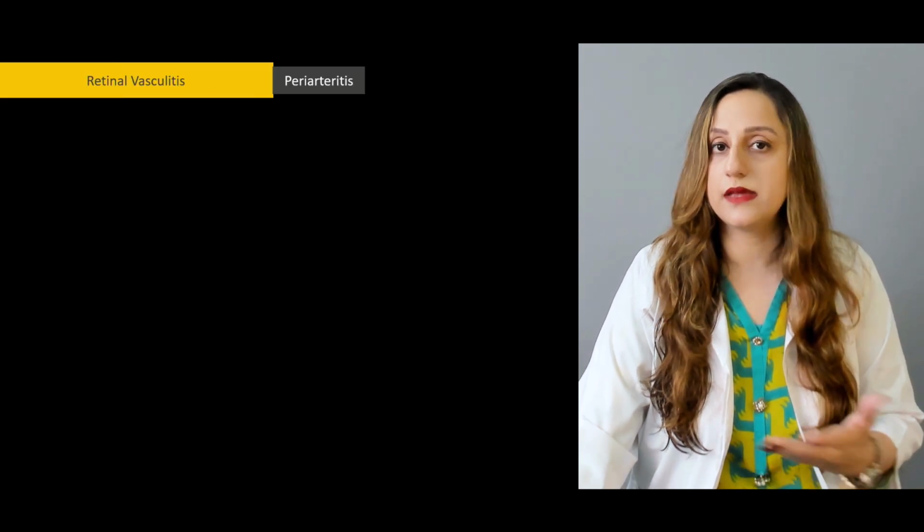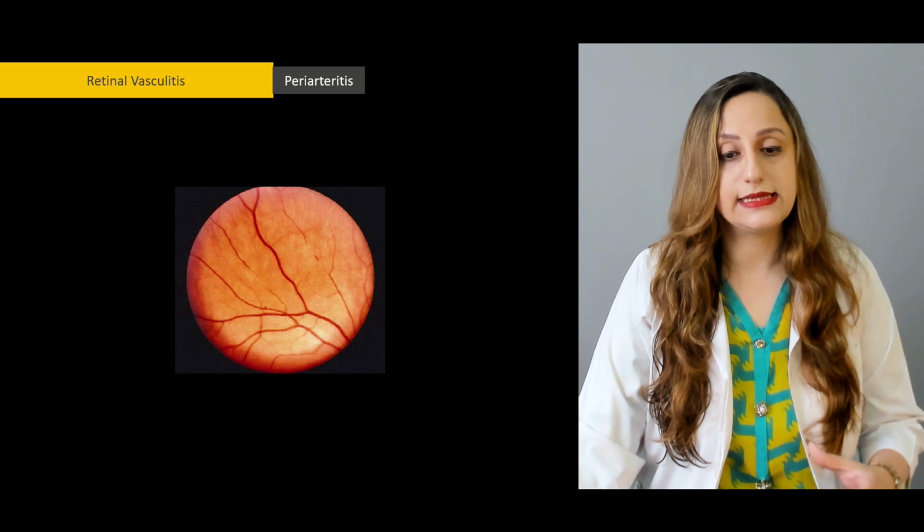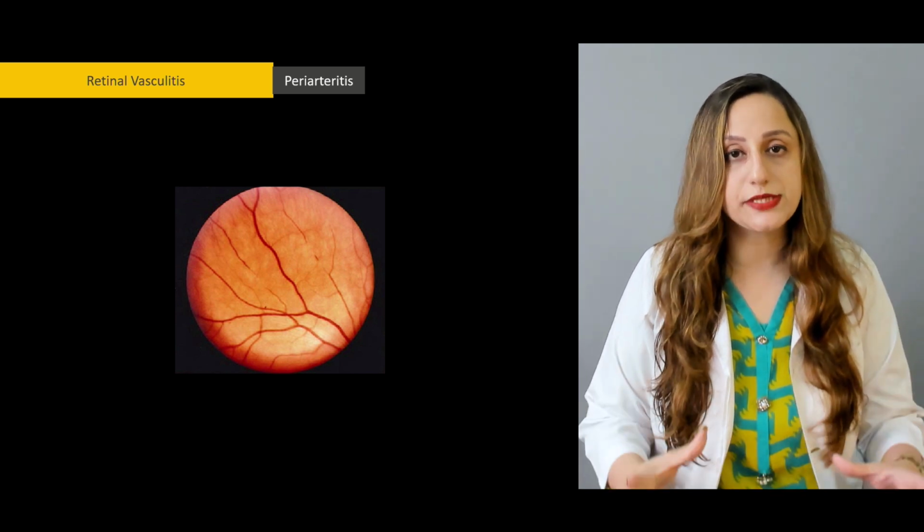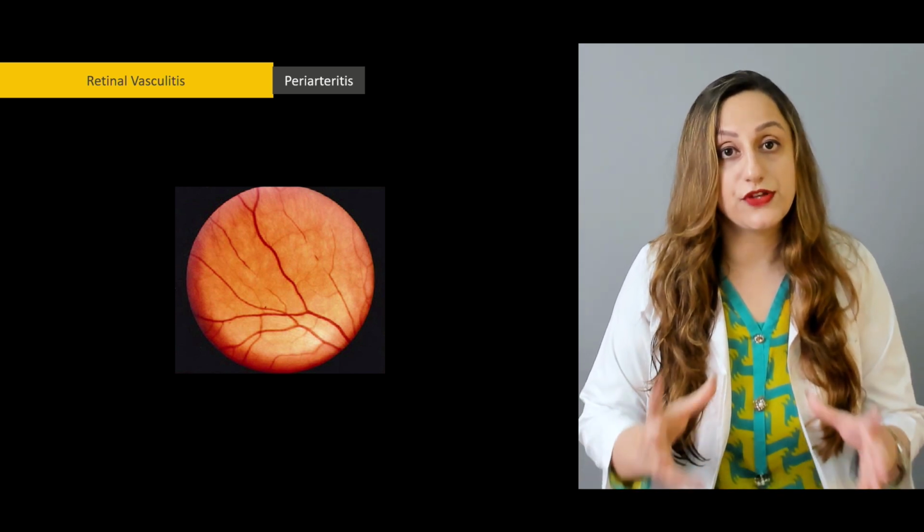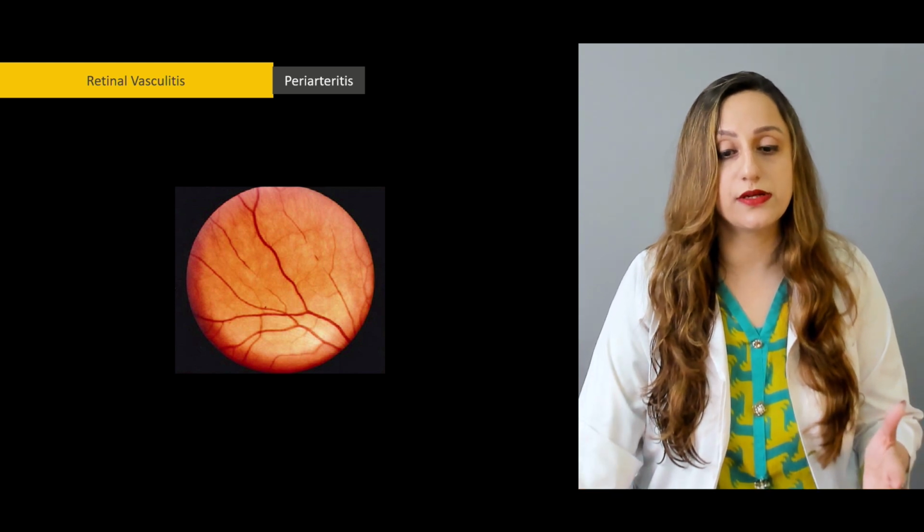Another variety of retinal vasculitis is periarteritis, in which particularly the arterioles are involved. That would look like this, in which we have the accentuated arteries of the retina, quite visible in these fundoscopic findings.